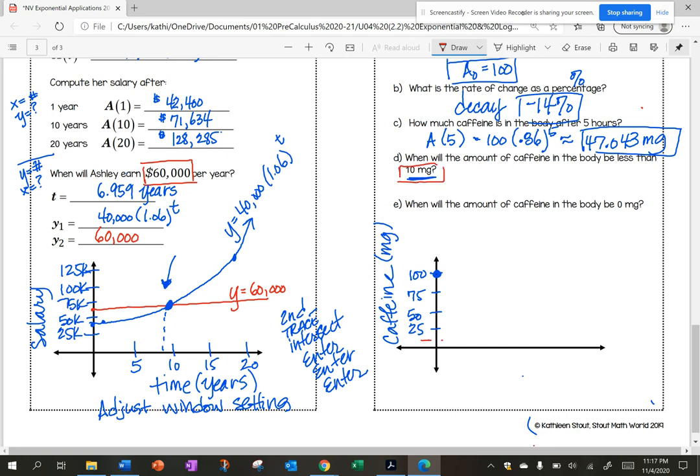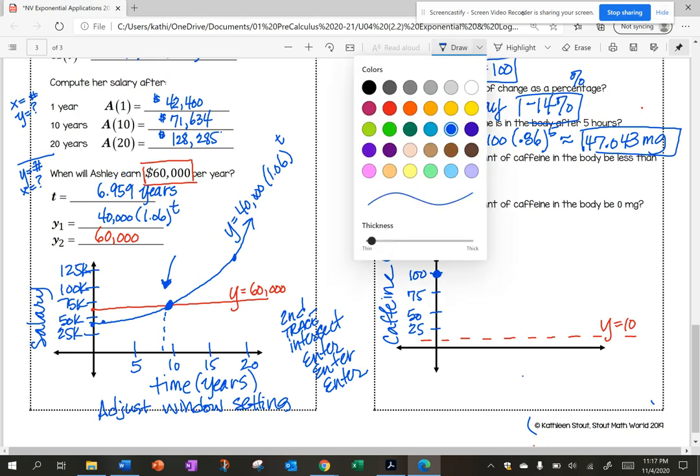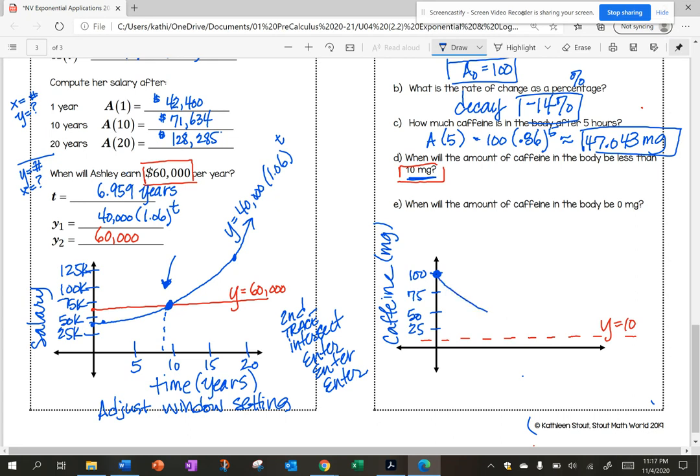So I want to know when do I have 10 milligrams? This is going to be the y equals 10 line. So I know I'm going to have some kind of exponential decay that looks like this, right? So I want to set up for 5, 10, 15, 20. So I'm going to set up time in hours. I'm not sure what it looks like, but I'm just kind of giving myself an idea.